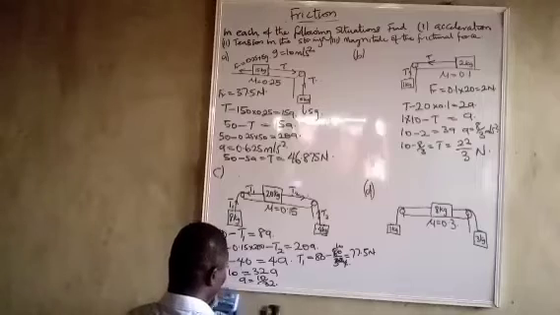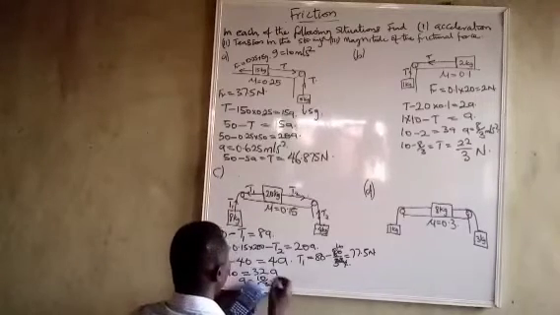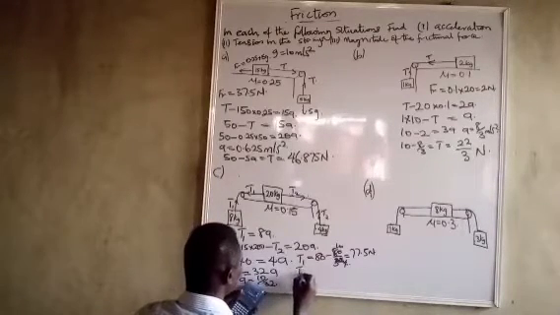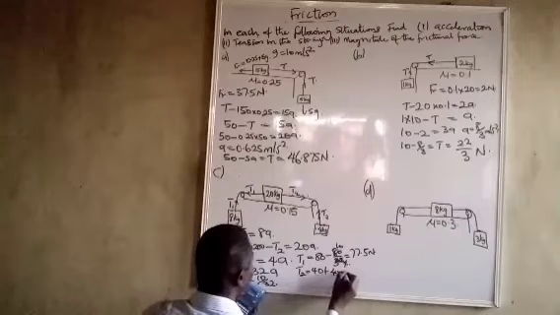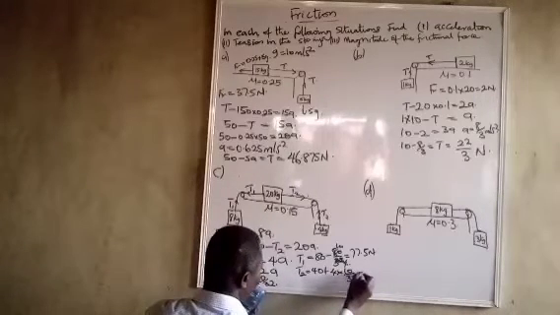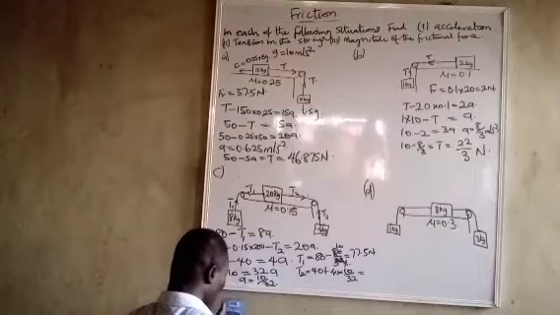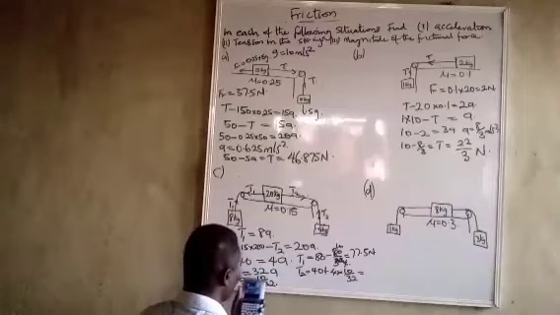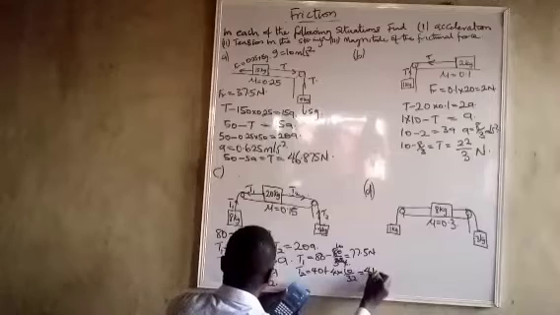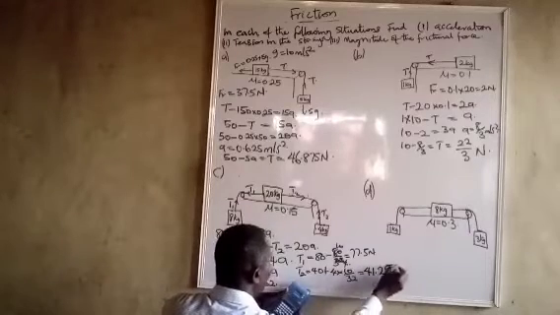For T2, it will be equal to 40 plus 4 times 10 over 32. And that's going to be 41.25.